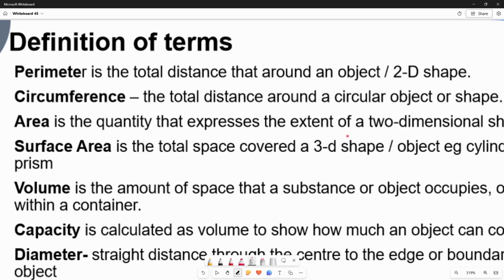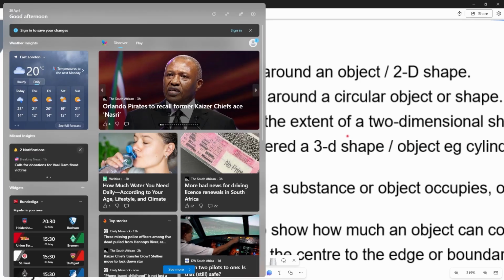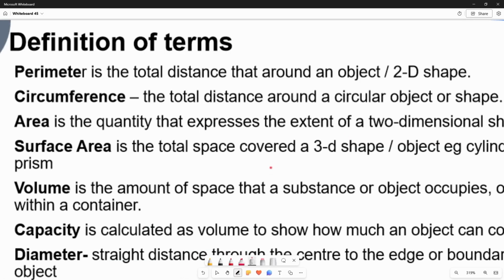Then we have surface area. Surface area is the same as area, but now we're looking at a bigger object, like a 3D object, which has 3, 4, 5, 6 sides, like a rectangular prism, like a cylinder.